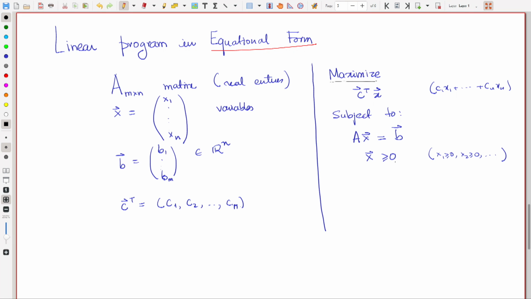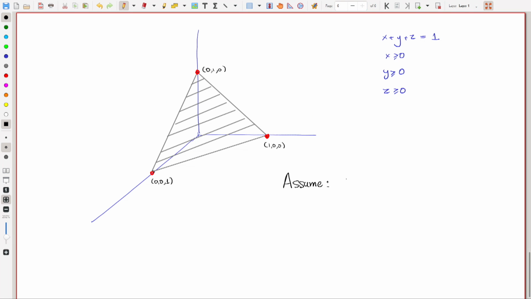So, we will make 2 more simplifying assumptions. One is that the equation A x equal to b has at least one solution. It is a linear equation. If it has no solutions, then of course, there are no optimal solutions, right. At least one solution, and we will also assume that there are no redundancies in the conditions.